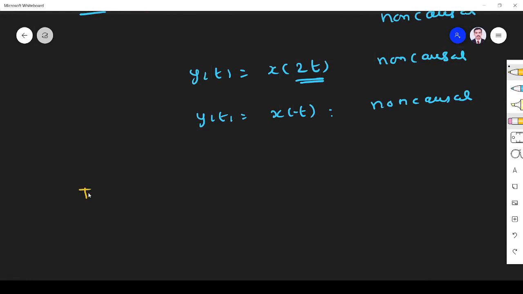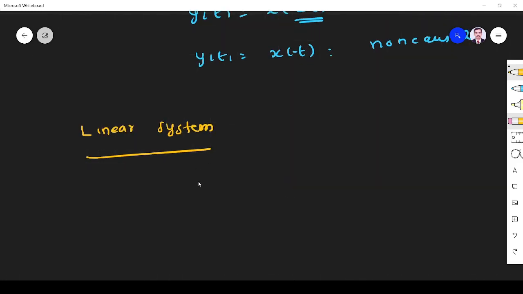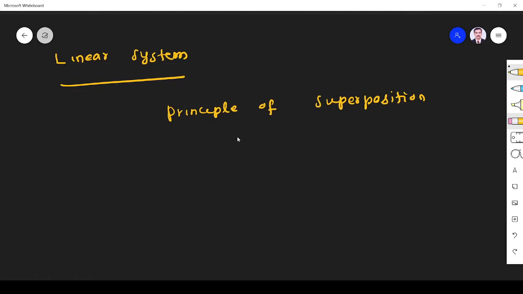Next system is the linear system. A linear system is a system which obeys the principle of superposition, but we don't need to check all the things.